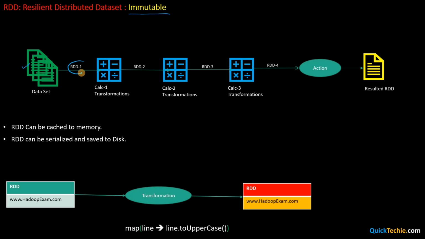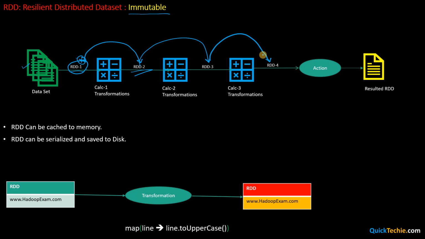It creates RDD1. Now if you perform some calculation on that, this itself would not be modified. Rather, it would create a new RDD with modified data, whatever calculation you want to apply on this, and that is called RDD2 or whatever. Again you apply some calculation, it will generate a new RDD, RDD3 and RDD4, something like that.